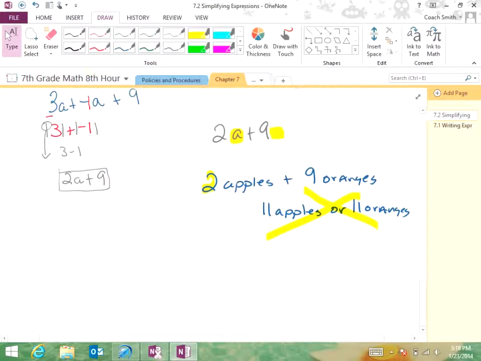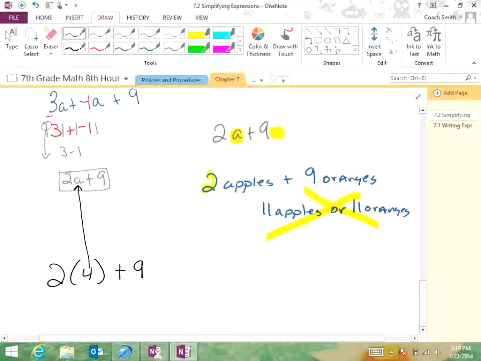Now, let me show you another example. If I had this problem right here, if I had 2 times 4 plus 9, what would you do first? We would multiply 2 times 4. Then we would add the 9 to it. Well, this is the same thing as the a. We don't know that it's 4.